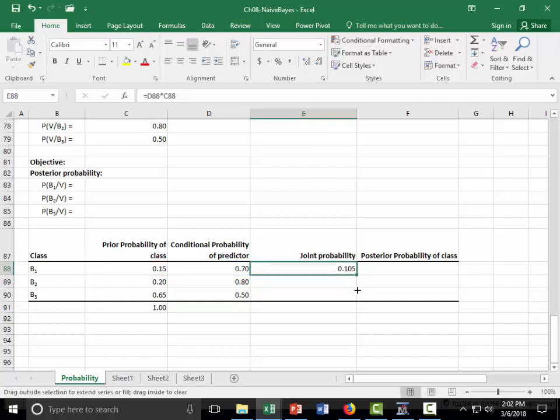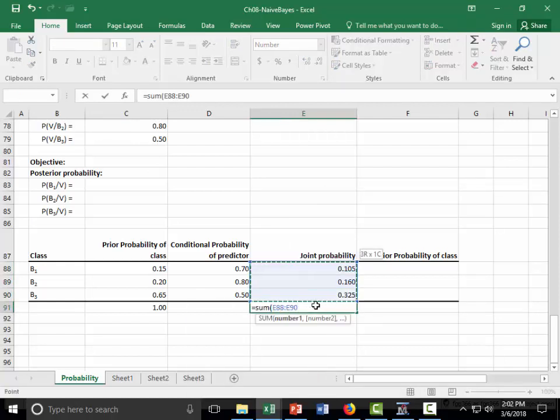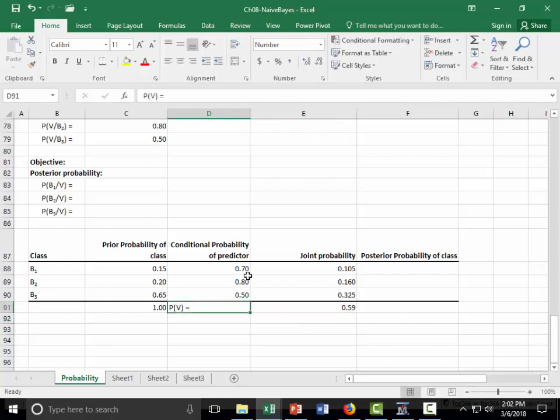And then you add these, the sum of that will give you the probability of V. V is that.